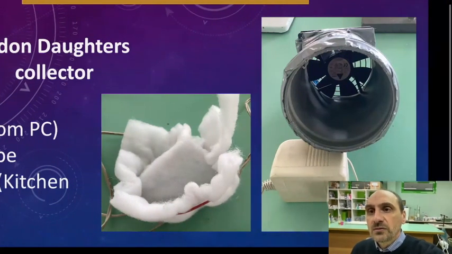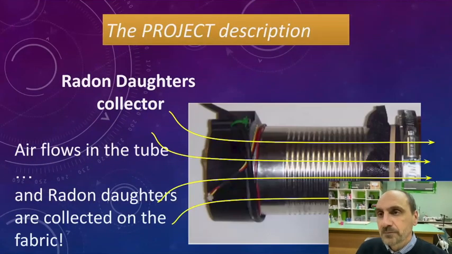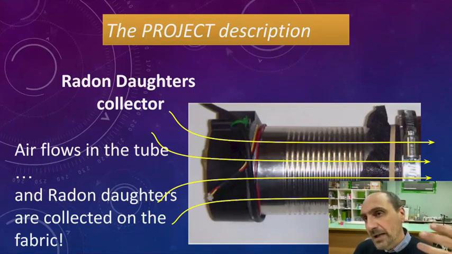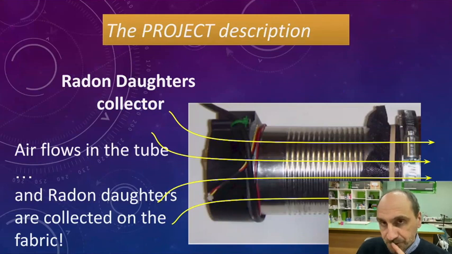So what are we going to do? We are going to turn on the fan, and the fan will put air inside the tube. Remember that the radon daughters, when they are created, usually are ionized, meaning that they are very sticky.